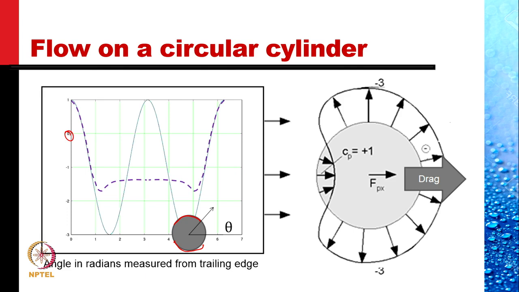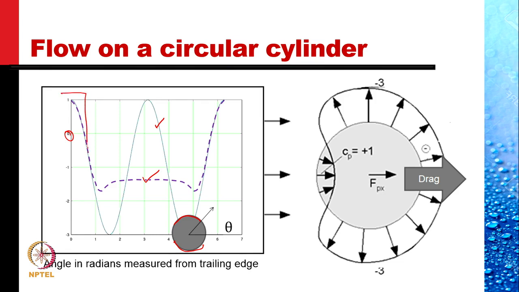We plot this coefficient on this chart. This is the measured pressure coefficient on a laminar flow about a circular cylinder, and this is the Euler prediction.